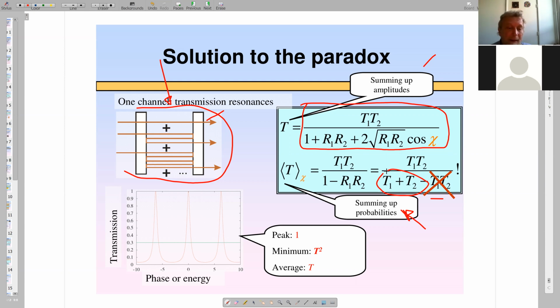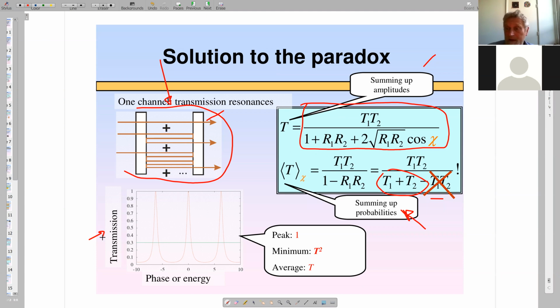Let me understand the paradox on a qualitative level. So here is transmission plotted versus phase factor or energy. We know that phase factors depend on energy. One can plot transmission over energy. Let us see, what can I see in this curve?